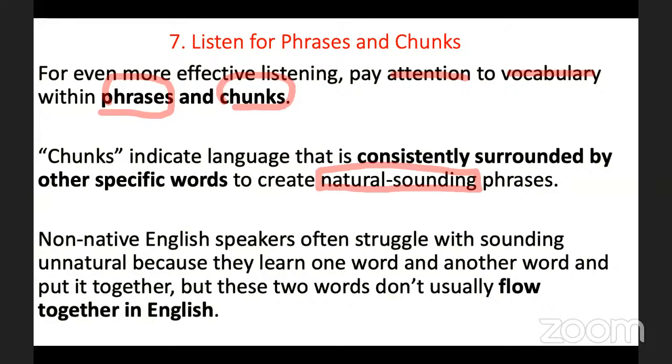All right. So usually when English is not our first language, sometimes it's hard for us because we sound unnatural, right? Because we learn to put some words together, but they don't always flow together in English.